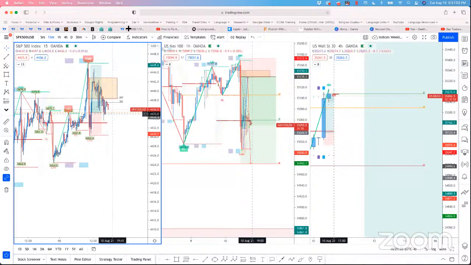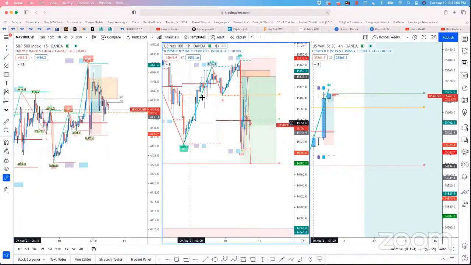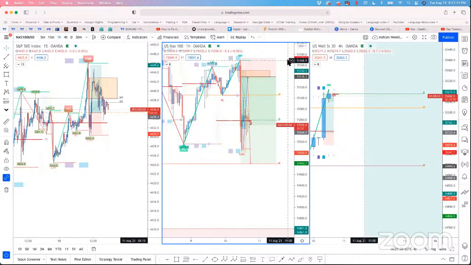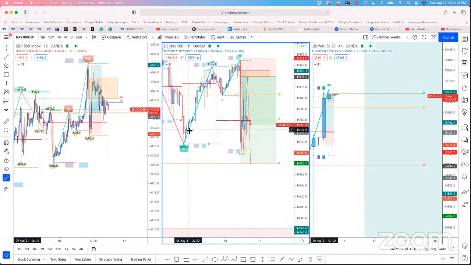Like this, my NAS trade, I had like 5 different trades. I had one around 15,050, 15,060, 15,084, 15,100, and all of them hit because I was using the same logic, right?